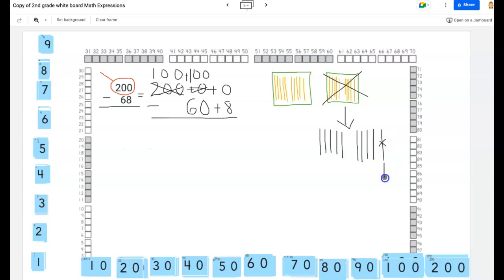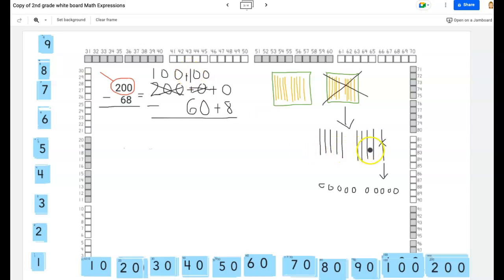So I'm going to go like this. 1, 2, 3, 4, 5, 6, 7, 8, 9, 10. Okay? So you'll notice I don't even have 100 anymore.